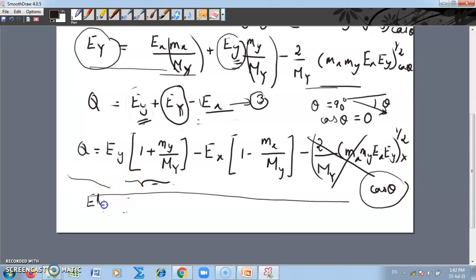And there again will be cases like when we have elastic collision. What will happen in elastic collision? In elastic collision, suppose Mx is equal to My and Mx is equal to Mx. Why will it be like this? Because in elastic collision there is no change in the particles.